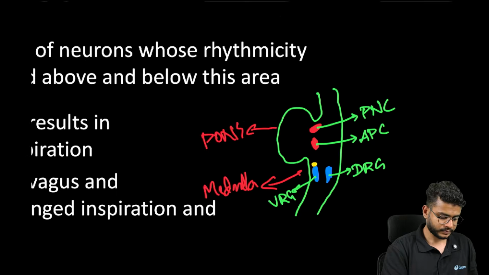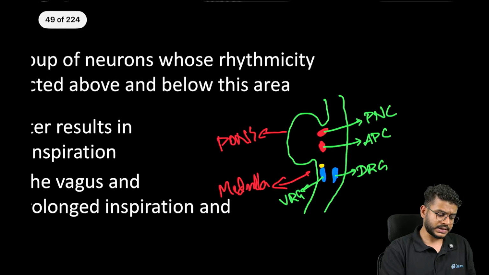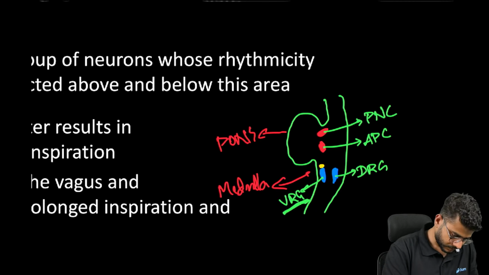Okay, so this is the basic arrangement of the respiratory centers. Near the VRG, the ventral respiratory group, we have a small group of pacemaker cells known as the pre-Botzinger complex.